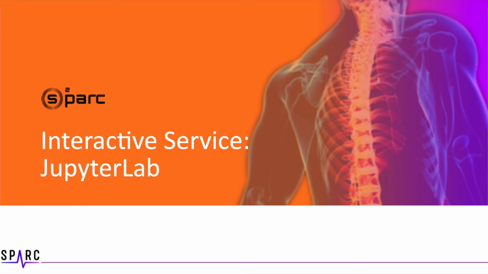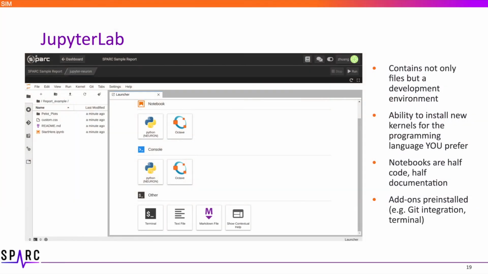And as I said, we want to put a little bit of emphasis on Jupyter Lab because it has been particularly useful, for example, for AI applications. The reason it can be useful for such a thing is that it contains not only files, but also a development environment. And this is particularly good for coders, but it can also hold, for example, markdown files, which are more of a documentation type.